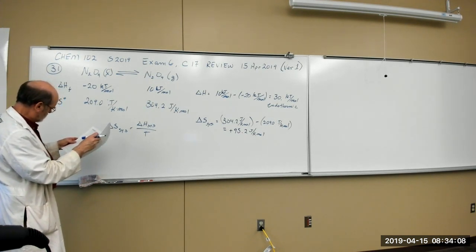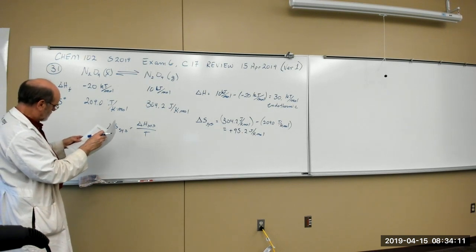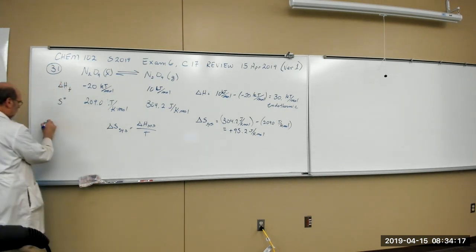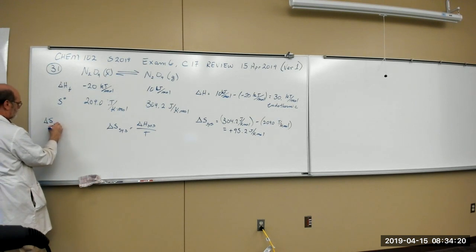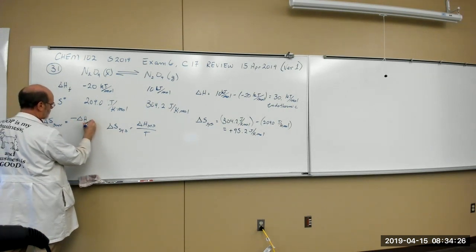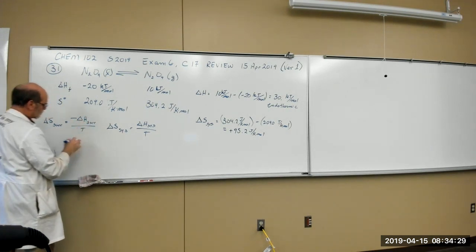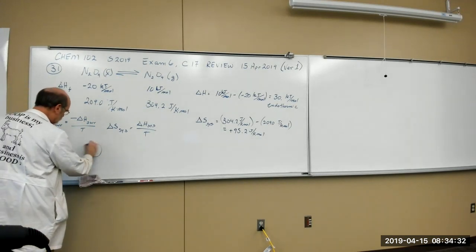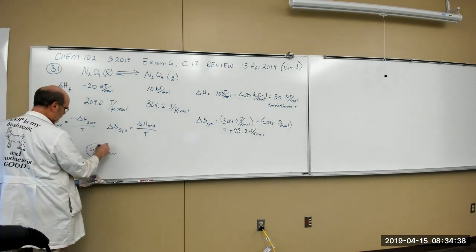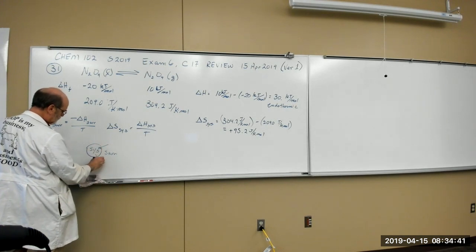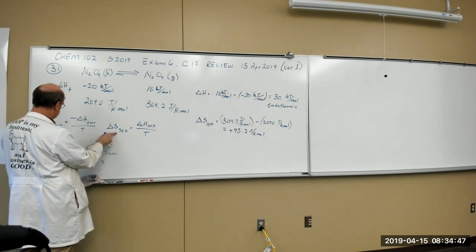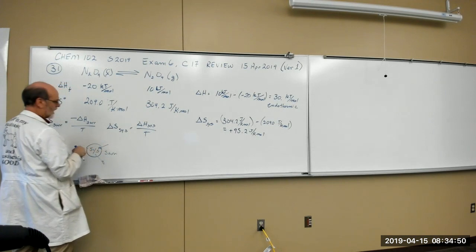What we're saying here is this is the one that's given: delta S surroundings equals delta H surroundings divided by T. And remember, if you have a system and surroundings, anything that happens here is the opposite of what happens there. So that's why all we have to do to find the system is change the sign.